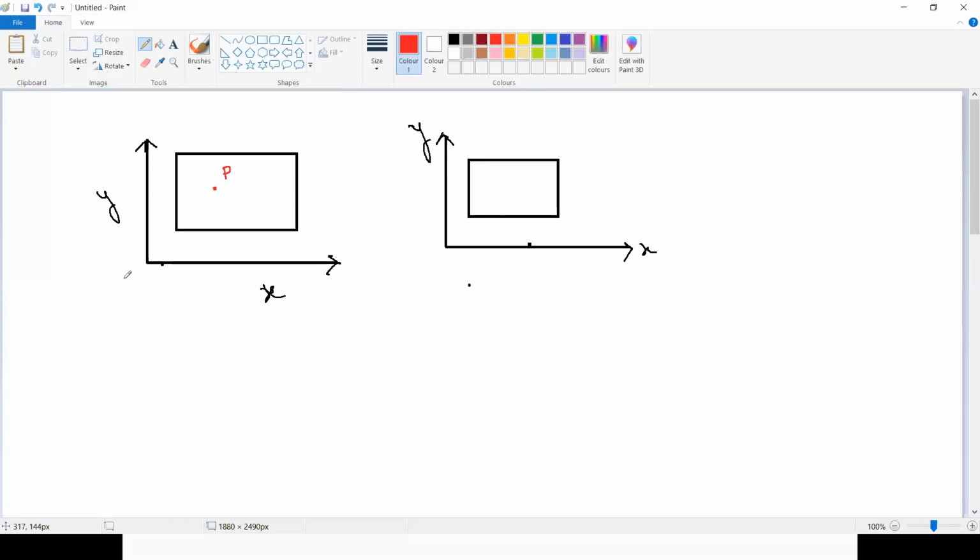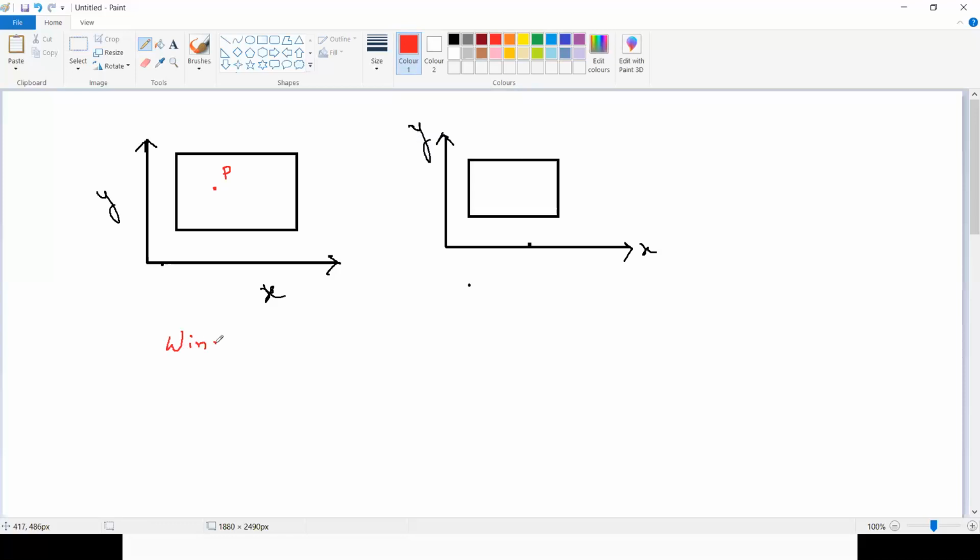Now the point P is in the world coordinate system. That means the image which will be shown through the world coordinate system, we will say the area is the window. So this is our window port.